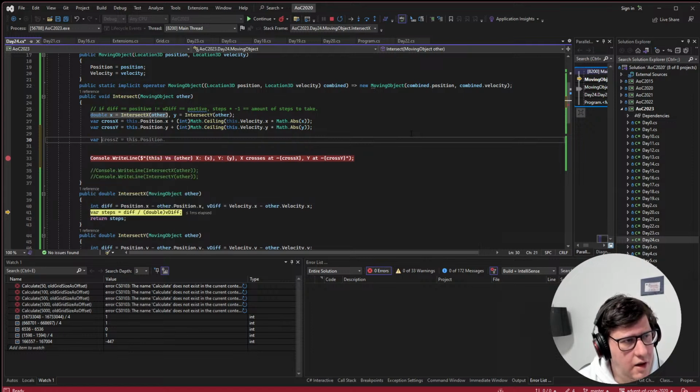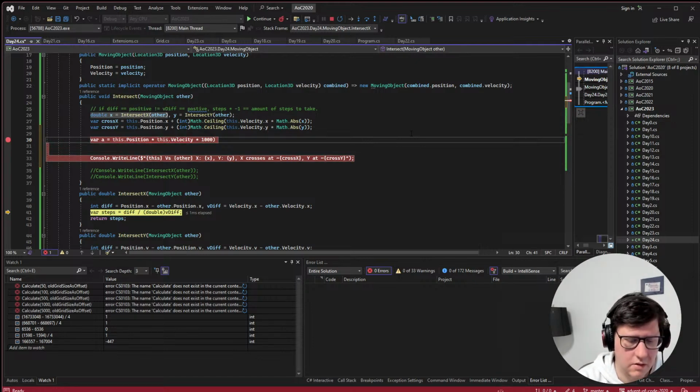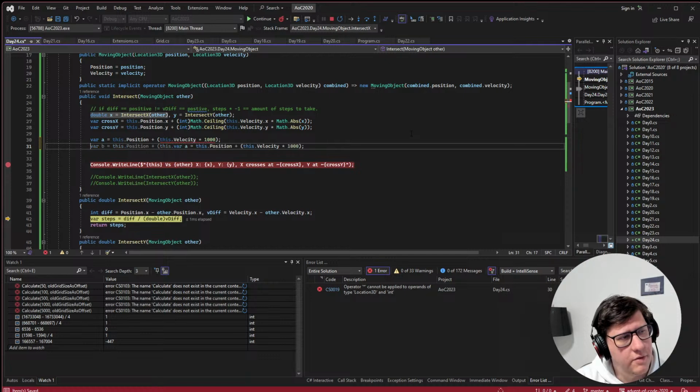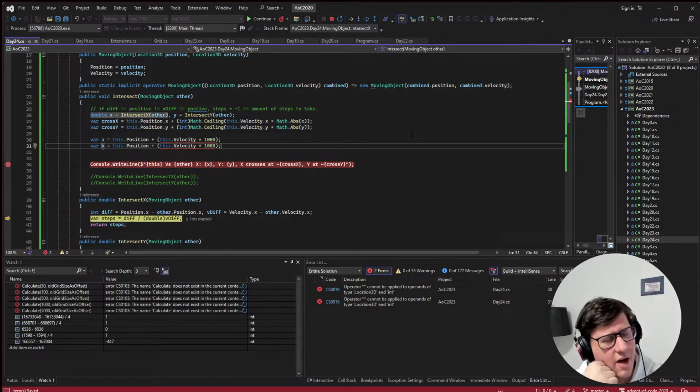So let's do var a is this dot position times this dot velocity times 1,000, right? Actually just plus this one. And I do the same for B. I just wonder if their relative values cross, if that would be enough to know that they have crossed somewhere.